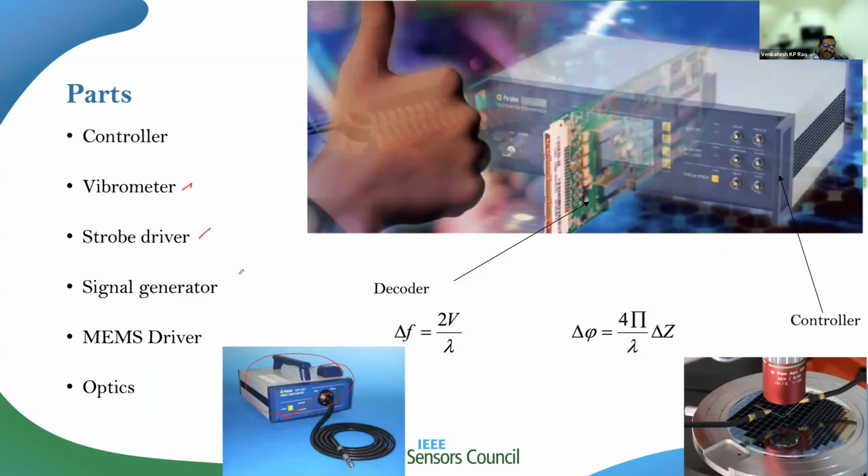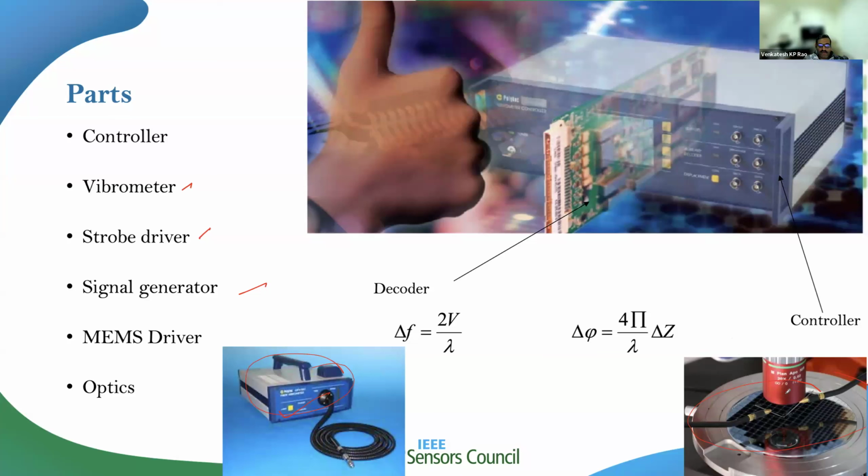Then we have a strobe driver, a signal generator, and a MEMS driving unit, where I have a 6-inch wafer. I probe it, apply electrostatic actuation, and then measure the response.